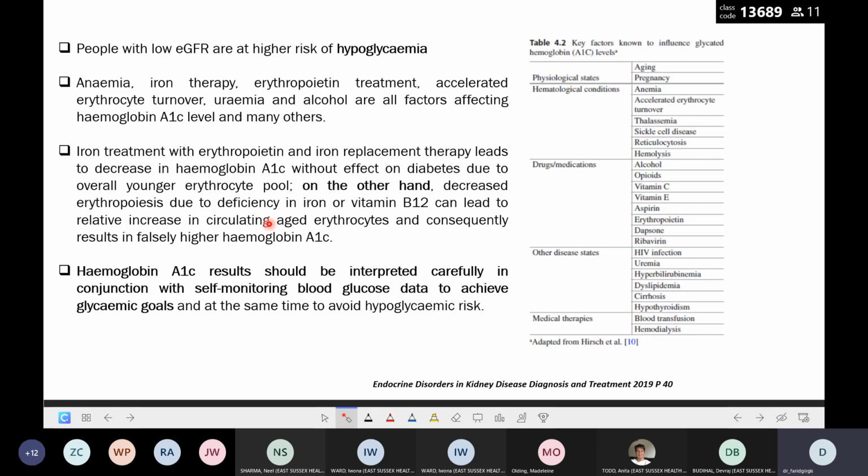So I asked him to follow the home readings and the self-glucose monitor, because hemoglobin A1C in such cases may be misleading. So in this case, hemoglobin A1C results should be interpreted carefully in conjunction with self-monitoring blood glucose data to achieve glycemic goals and at the same time avoid hypoglycemic risk.